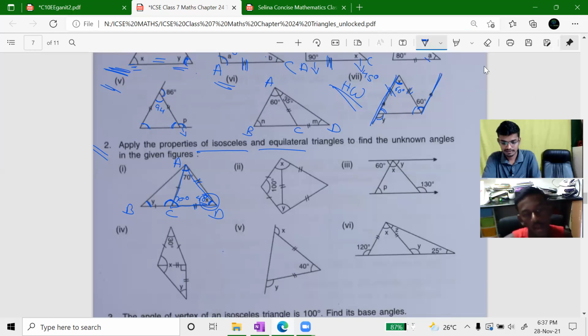Which angle will you get? This one next to Y, angle C. You will get angle C.